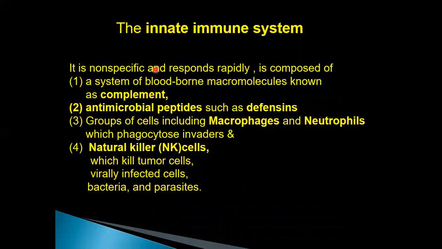So these four are the constituents of the natural, innate, or non-specific immune system: complements, plus certain peptides like defensin, plus the macrophages and the granulocytes including the neutrophils, basophils and eosinophils, and the natural killer cells. They are the parts of the innate immune system.